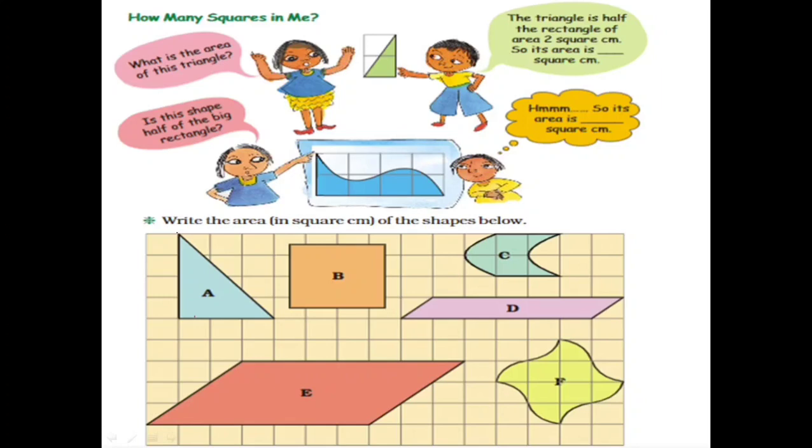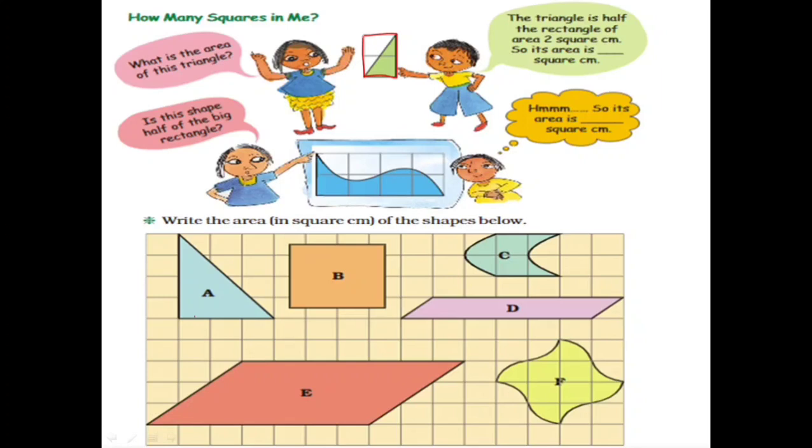A girl is asking, what is the area of this triangle? If you observe closely, this green triangle is actually drawn within a rectangle. I am marking that rectangle with this pen. This is the rectangle.